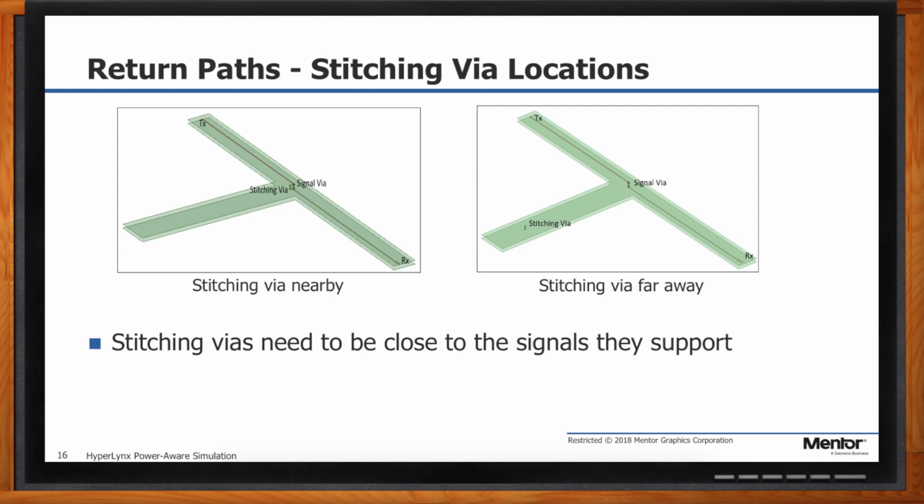So the return current can transition from plane to plane right next to the signal via, right? That's the ideal case. In the right diagram there, that stitching via is sitting over on that left leg there, right? And so it's a good distance electrically. It's a really good distance away from where the signal via is. And what we want to see is what happens to the behavior of the signal when we take the stitching via and move it far away from where the signal via is.